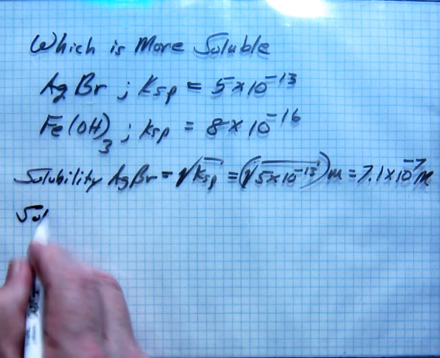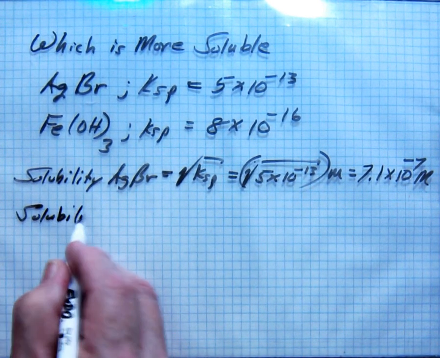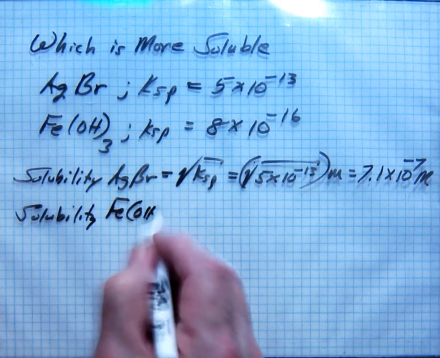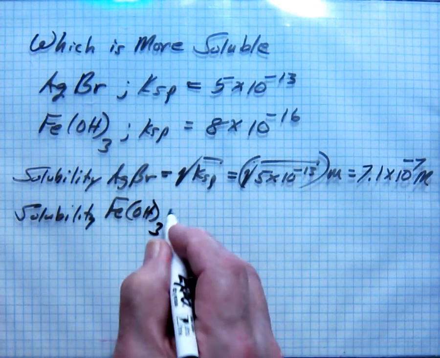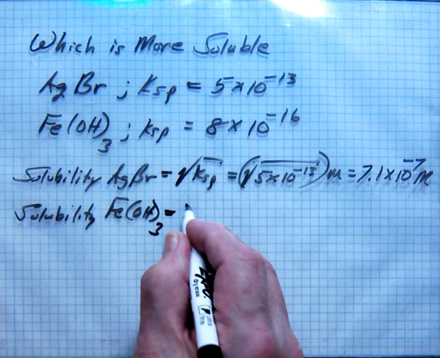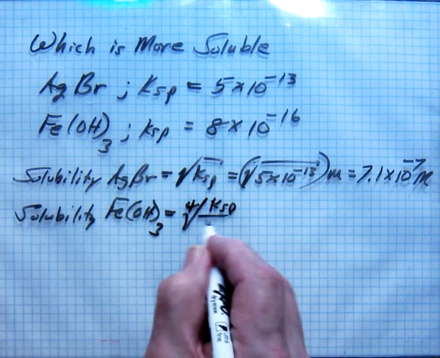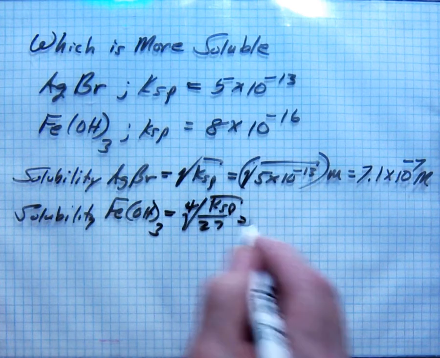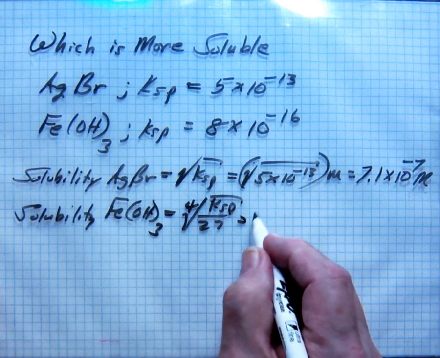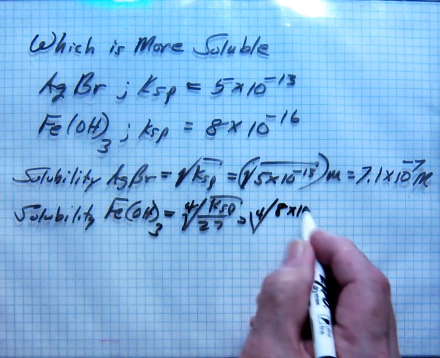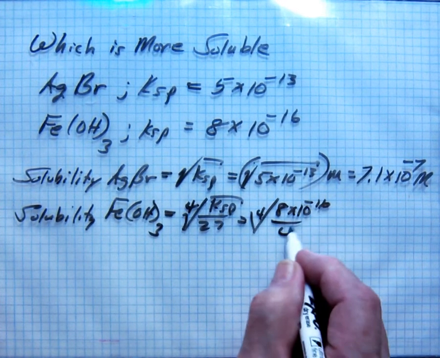And so the solubility to compare for iron hydroxide equals the fourth root of KSP over 27 in this case. 8 times 10 to the minus 16 over 27.